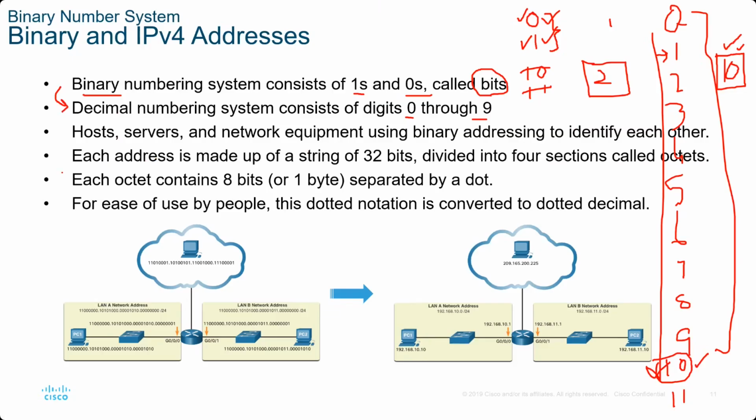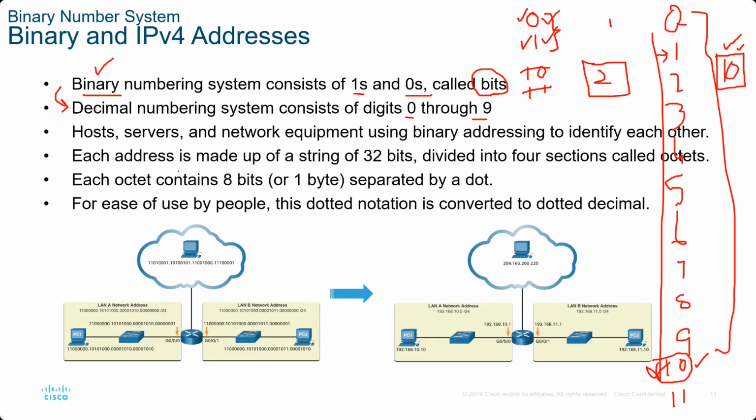So similarly, all the addresses, whether we're using MAC addresses at layer 2 or IP addresses at layer 3, we have to first convert these binary numbers, because computers are using those addresses in the binary system. But when we want to talk about it, when we want to type it, we want to type it in the decimal system, because that makes more sense to us, not the binary numbers. So that's why we have to learn the conversion. How do we do the conversions between them?